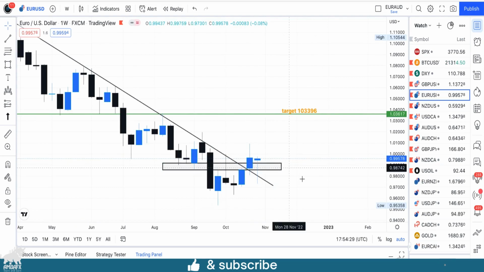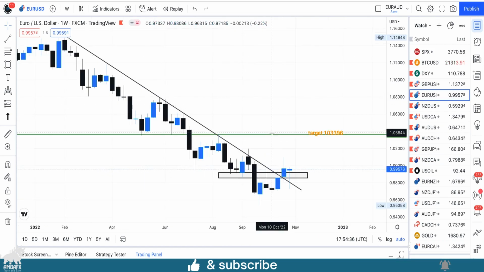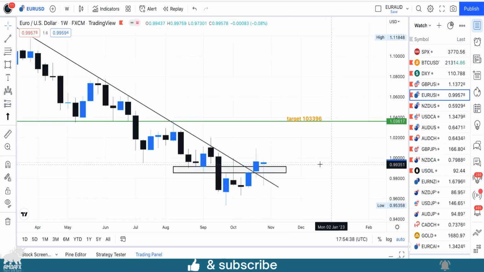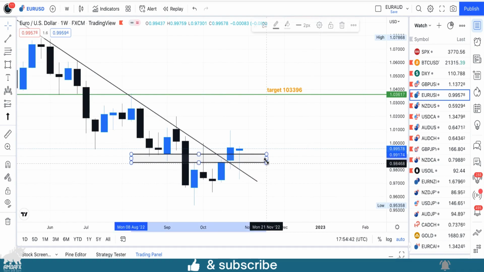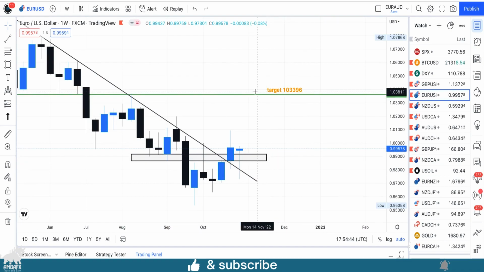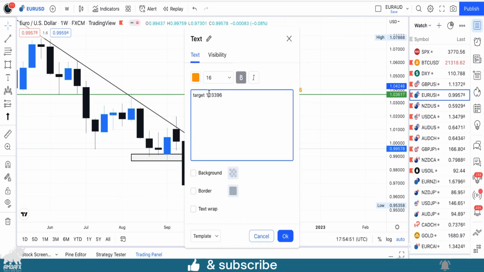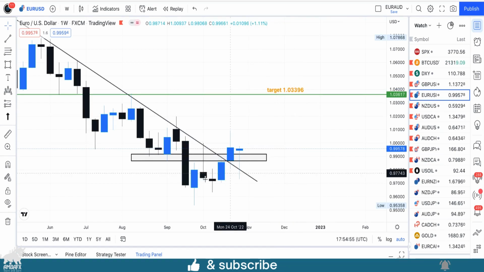This means that we are in an uptrend for a very short period of time, because the old directional bias is to the downside, but for now we are on the upside for a short time, and our target is 1.03396. Let's see how it goes.